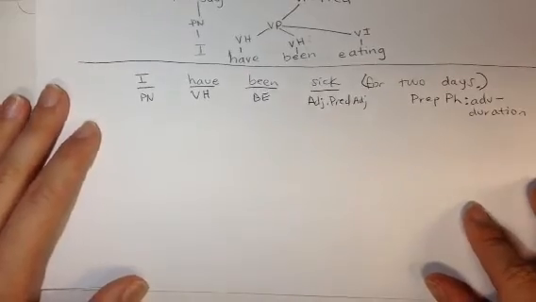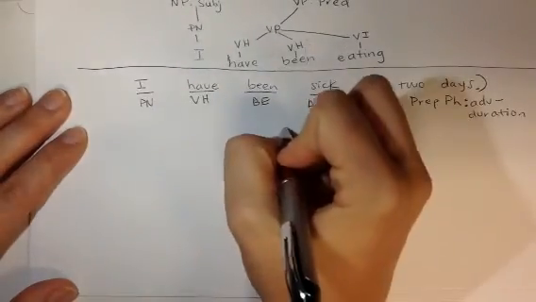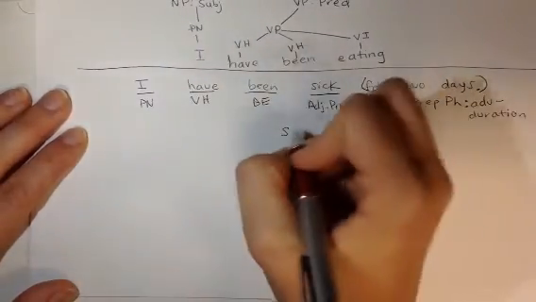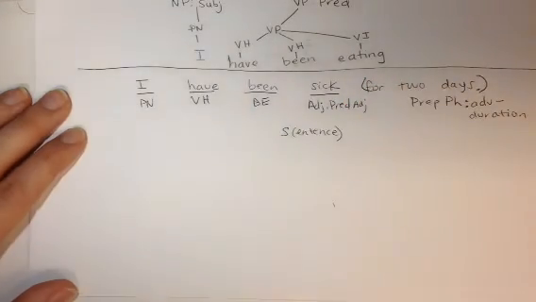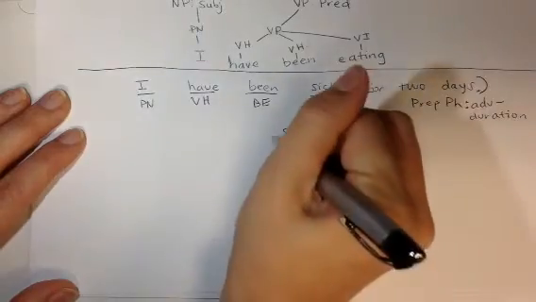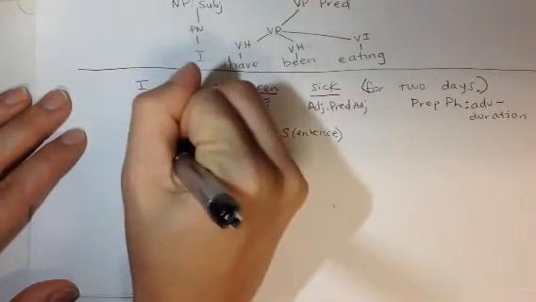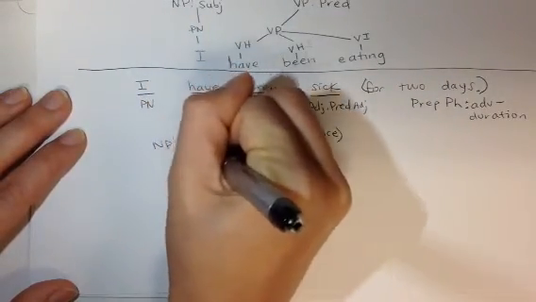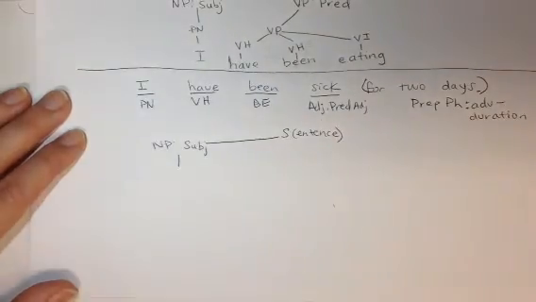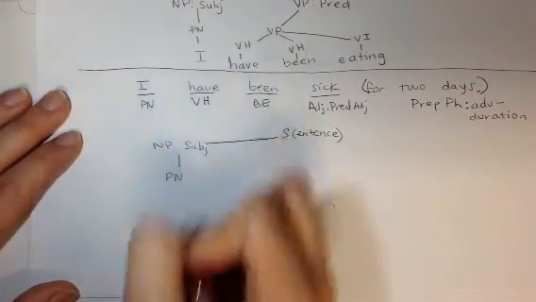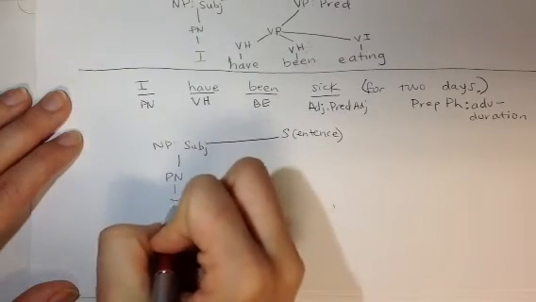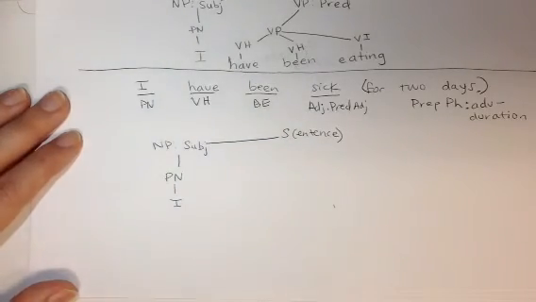So let's start diagramming. We always start with an S for sentence. If you didn't know, this S stands for sentence. Just a little bit of a review. I'm going to have noun phrase subject. Since my subject is I, I'm going to put PN because this is a pronoun, and I'm going to list I. Okay?